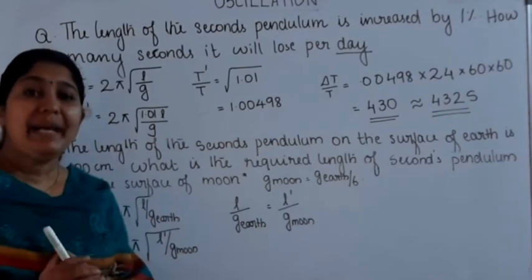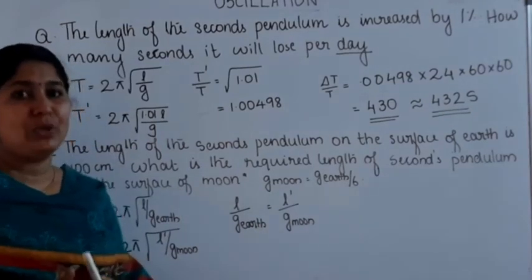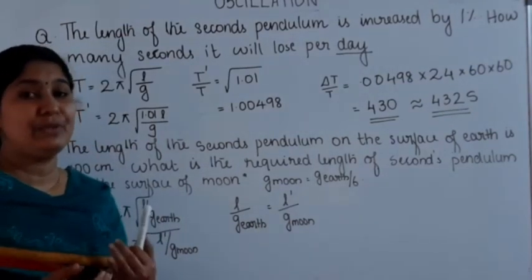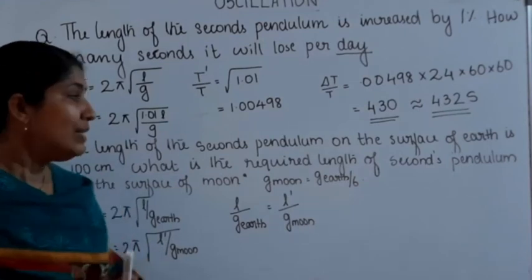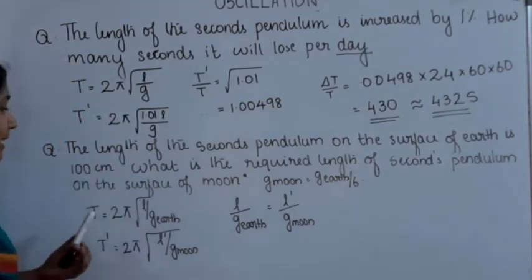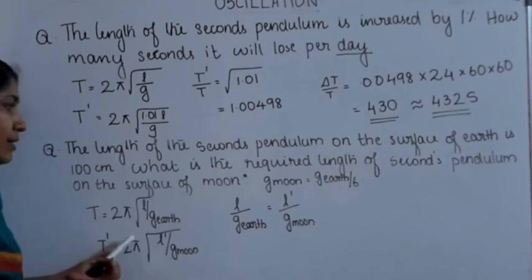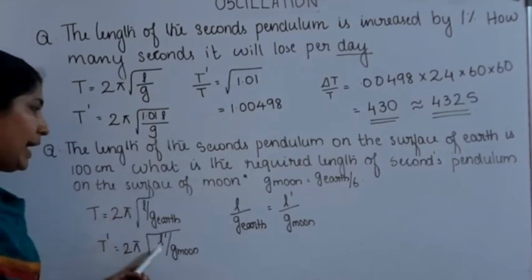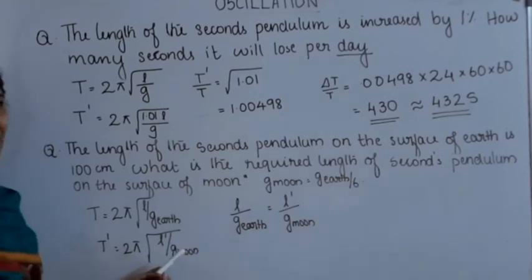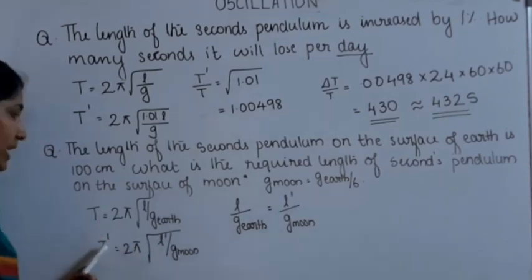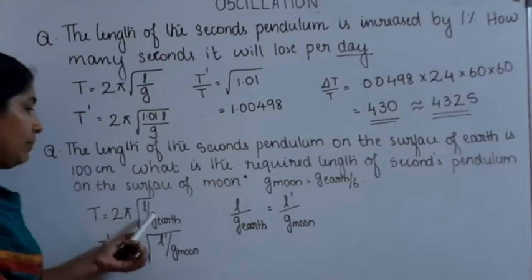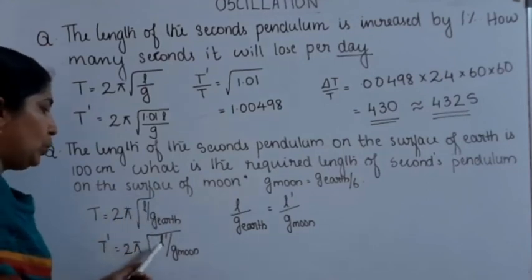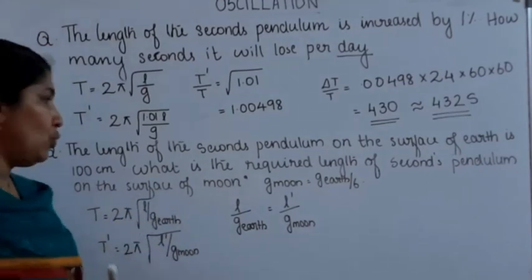The time period of the seconds pendulum on the surface of the earth and on the surface of the moon are equal, so L divided by g earth is equal to L' divided by g moon.